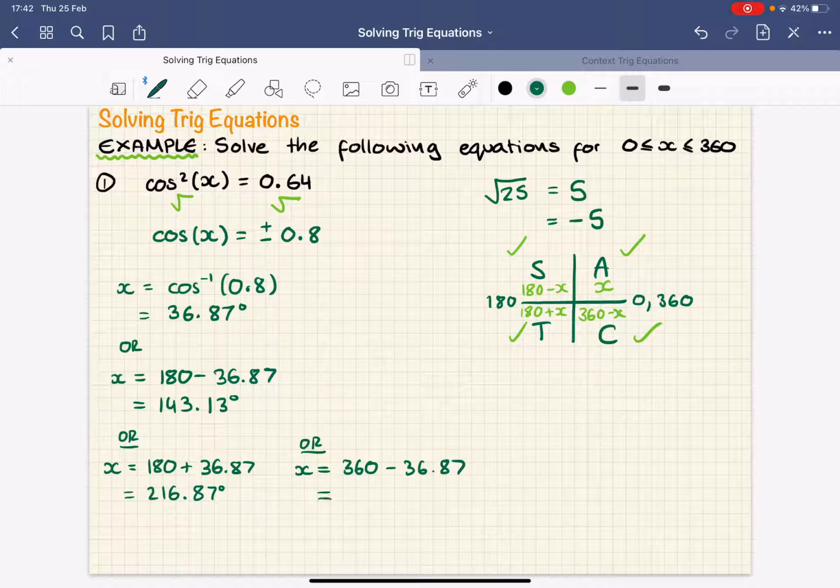And so that would just be 323.13 degrees. And in this case, because I do have quite a few answers, maybe just rewriting it again so it's really obvious and clear to anyone who's marking your answers that these are all the potential answers of x.